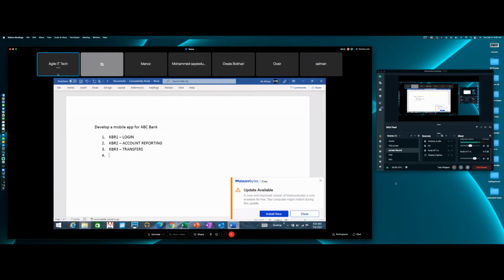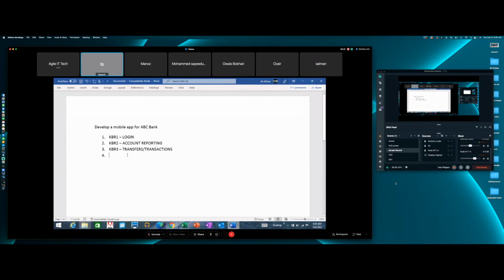By withdrawal, I'm thinking about withdrawing cash. When you think about transferring funds, yes, you can transfer funds from account A to account B, or you can even transfer funds externally. So transfers, or sometimes they also call these transactions. So your mobile app should be able to do transfers, transactions. Okay, got it.